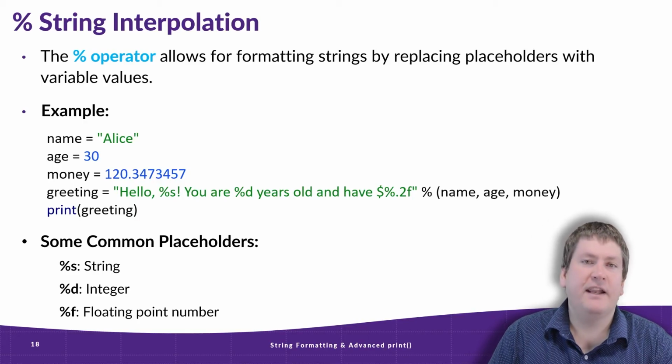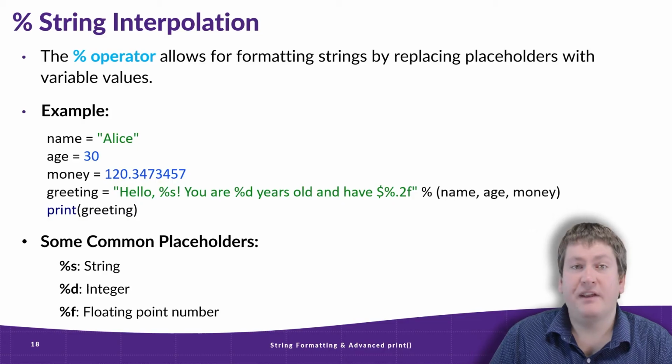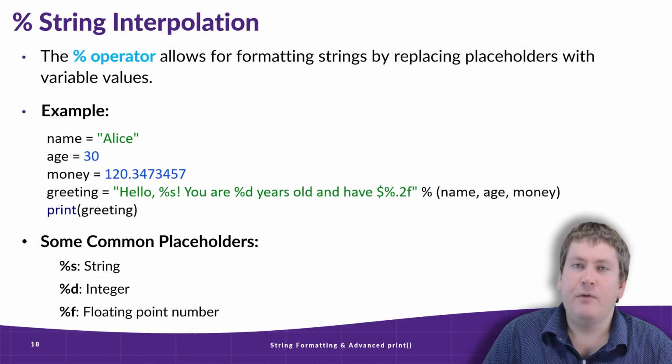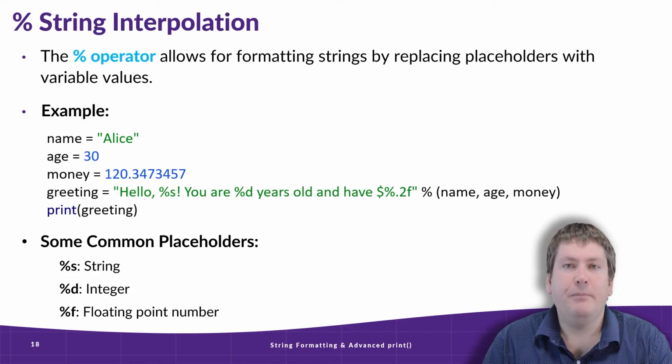And you can see also on the screen that I list some of these common placeholders. %s is for string, %d is for integer, and %f is for a floating point number. And what you may have guessed is this modulo operator takes values from a tuple, that's that list that you can see on the right with name, age, and money, and it inserts them in the string in the same order.